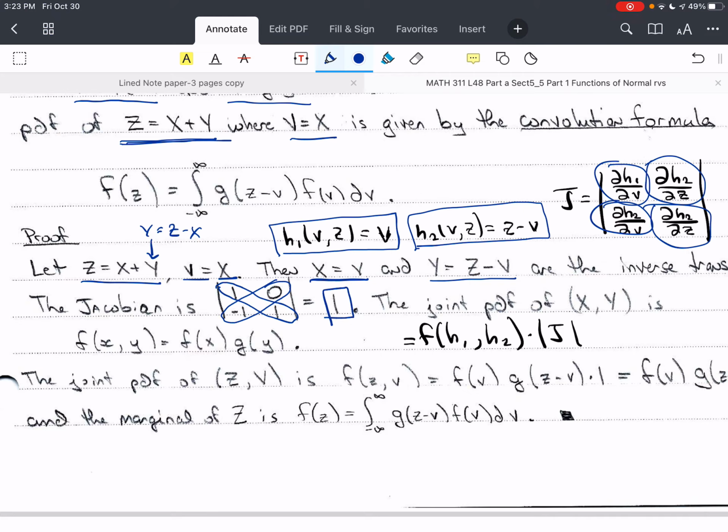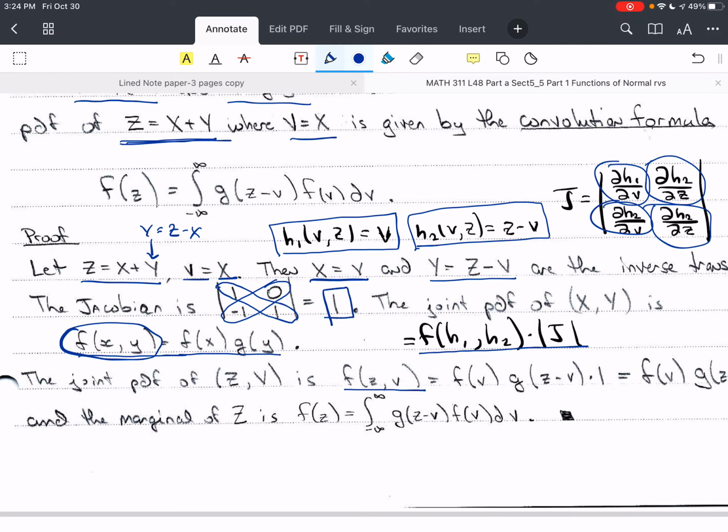Now, the joint PDF of x and y is easy because they are independent. So we just take f of x times g of y, and that gives us f of x and y. Now, by the bivariate transformation theorem, the PDF of z and v is f of h1, h2, so for x we substitute in h1, and for y, h2, times the absolute value of the Jacobian.